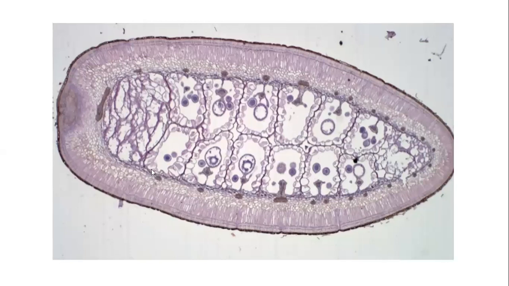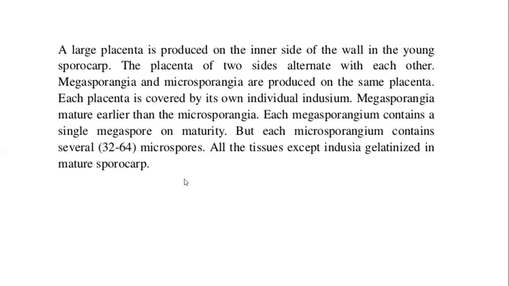Each sorus is surrounded by a single layer of indusium, and internally within this sorus, they develop the megasporangium and the microsporangium. Megasporangium consists of a single megaspore, and the microsporangium develops around 32 to 64 microspores within the sorus.